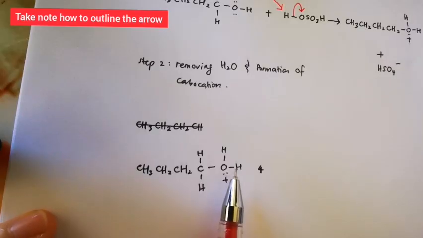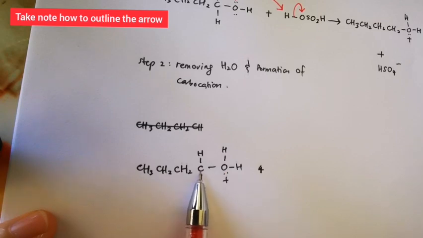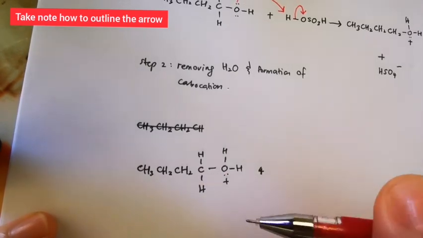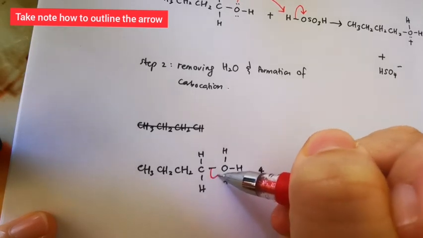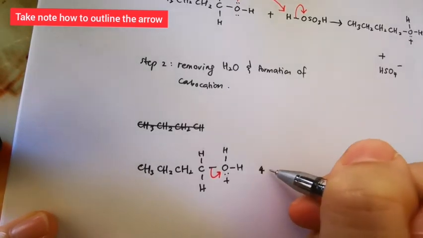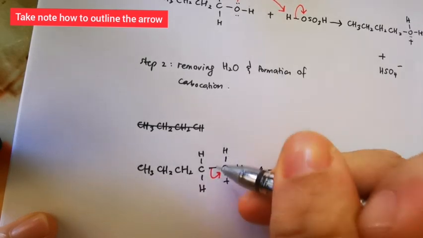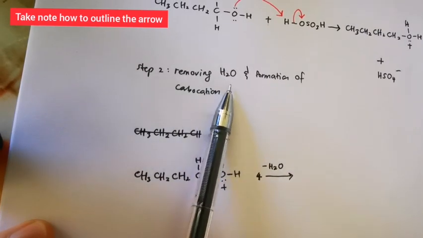Okay, if you look at the structure, this is actually H2O attached to C. And H2O, when it is attached to C, is unstable and it will automatically break the bond between O and C. So in step 2, this CO bond will break and 2 electrons will go to this O. Okay, after this CO bond breaks, this H2O will be out. That's why this step is named removing H2O.